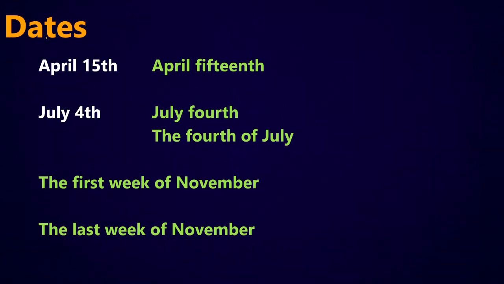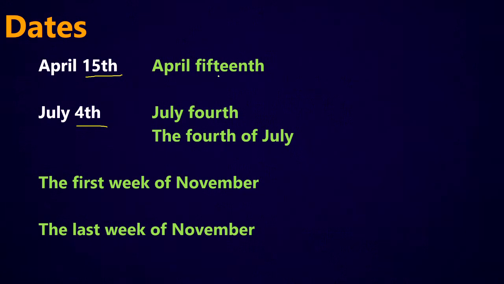Another group of numbers are dates. And like I mentioned before, when we're giving dates, we usually use the ordinal number for the number day in the month. So months can have 30 days or 31 days, except the month of February, which will have 28 or 29 days, depending on the year. So when we're giving dates, we would put them in the ordinal numbers.